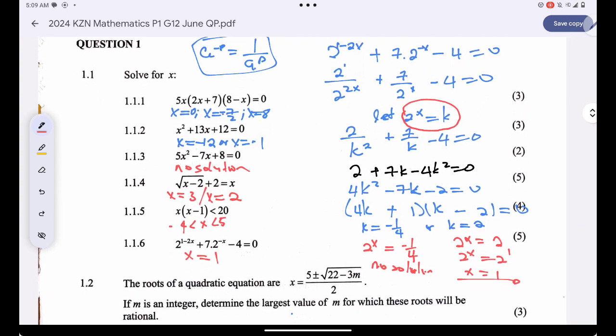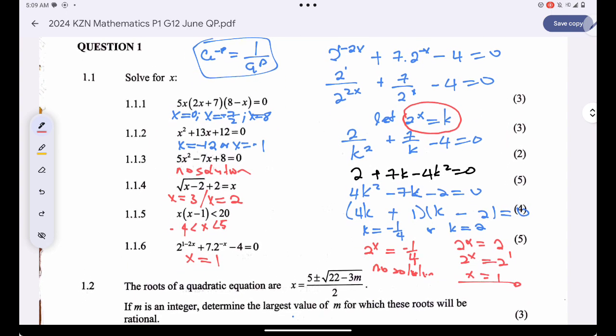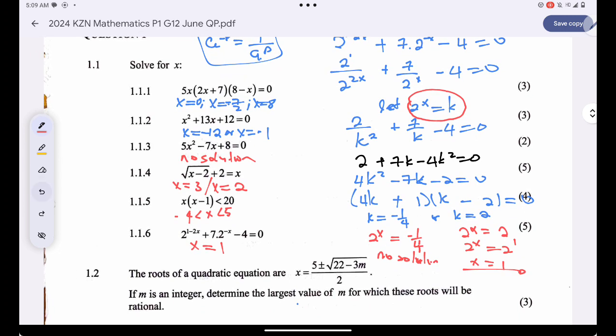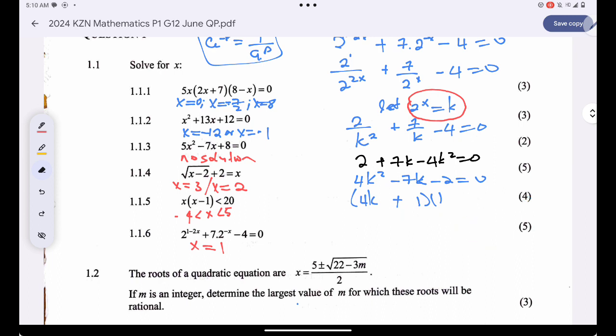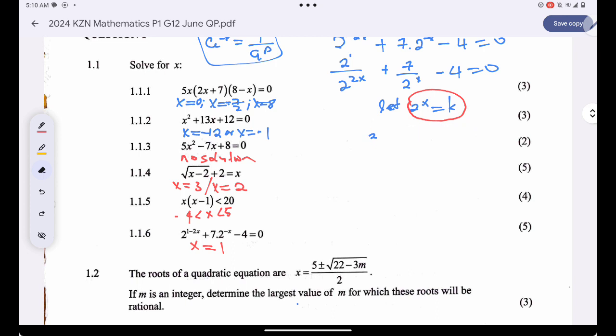Simply say x is equal to 1, right? And then now there is 1.2. The roots of a quadratic equation are, okay, we are given the roots.